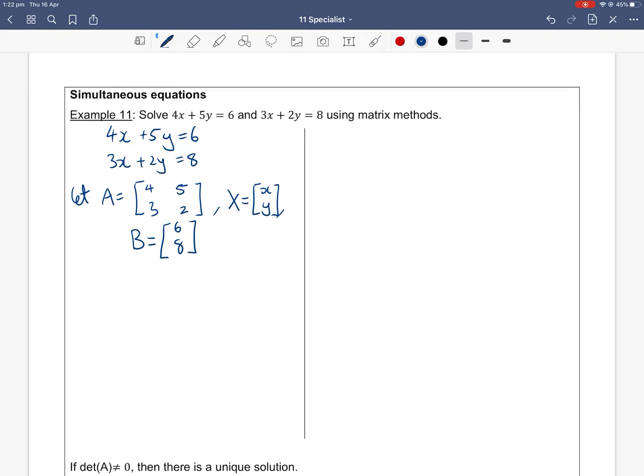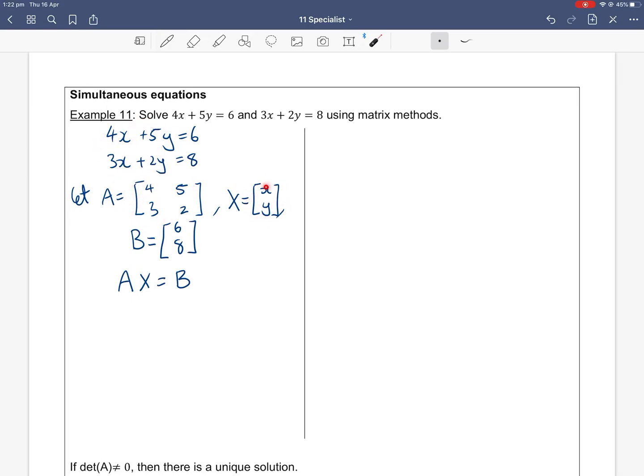Now that we've defined A, X, and B like that, I can say that A times X equals B. Do you agree? If you go row by column, 4x plus 5y equals 6, and that's our first equation. And then row 2 by column, 3x plus 2y gives me 8, and that's my second equation.